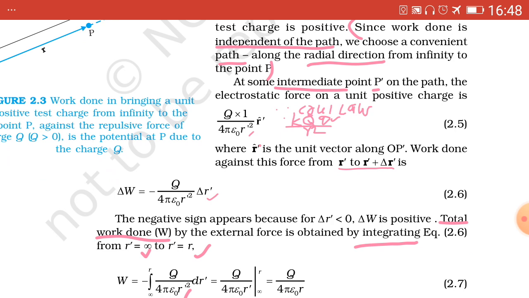and work done against this force from r dash to r dash plus delta r dash, which is shown in the figure from OP to PP dash, that is r dash to r dash plus delta r dash.